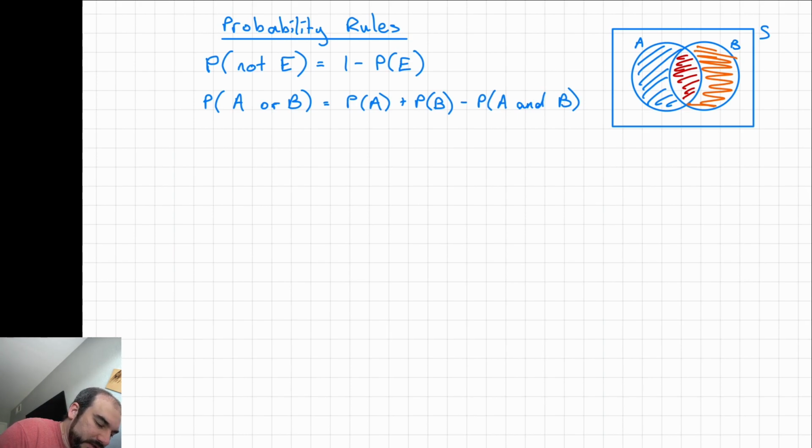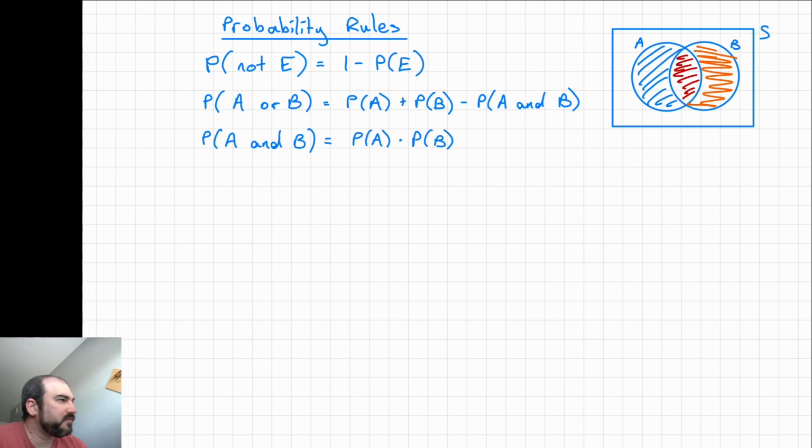And then finally, if we want to do probability of event A and event B, we can simply do the probability of A times the probability of B. You can either do it like that, multiplying the probability of A and B together, or you can figure out what this middle space is, because the middle space here is A and B. That's the intersection of A and B. So you can figure out how many things are in that middle intersection area.